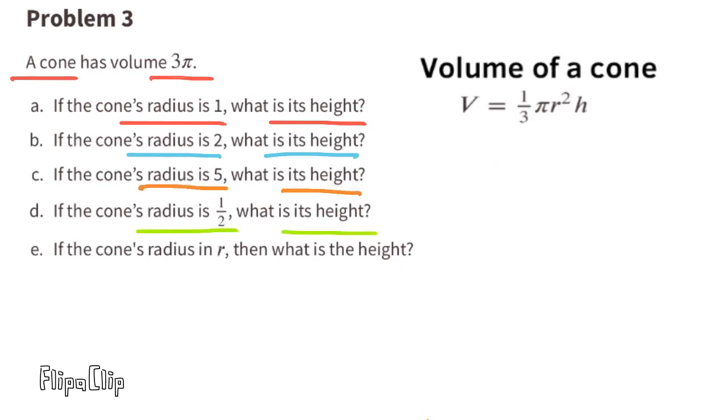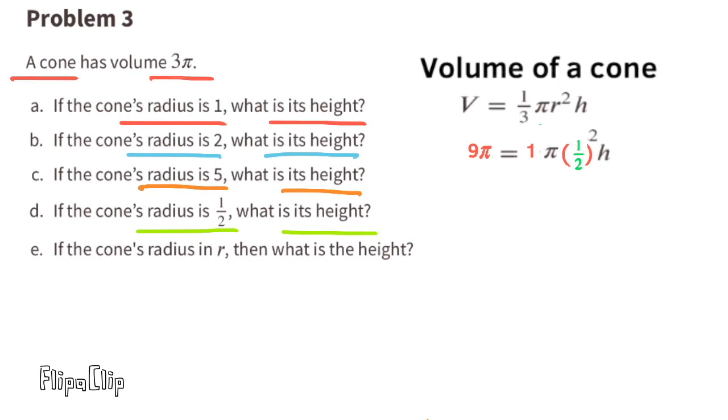D. If the cone's radius is 1/2, what is its height? So now we can substitute the r with a 1/2. The equation reads 3 pi equals 1/3 pi times 1/2 squared times height. Since we're solving for height, we can multiply both sides by the reciprocal of 1/3, which is 3. 3 times 3 pi equals 9 pi, and 3 times 1/3 pi equals 1 pi, or pi.